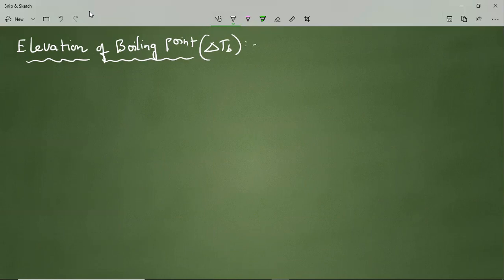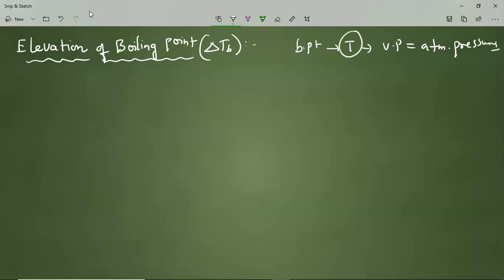Now here, we will first define the boiling point of a liquid. The boiling point of a liquid is nothing but the temperature at which the vapor pressure equals atmospheric pressure.